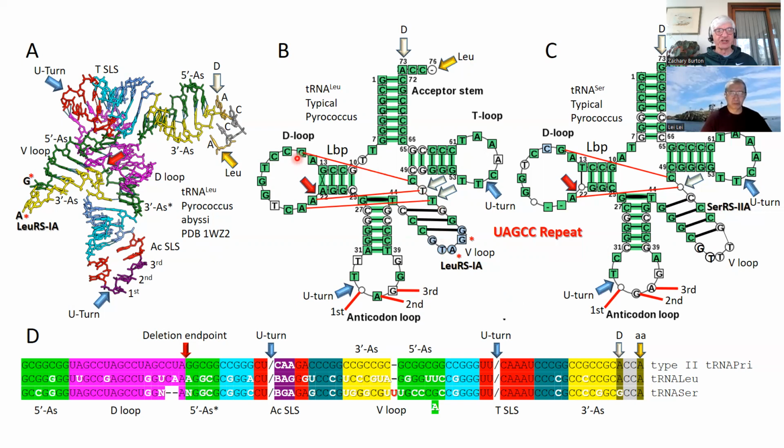So this G folds on that C. One of them flips over, so it's a reverse Watson-Crick base pair. And the same thing here, the Leavitt base pair named after Michael Leavitt. Here the score is 1, and a score of 1 is universal for archaea for tRNA serine, and a score of 2 is universal for tRNA leucine in archaea. And that scoring gives a different angle of this arm than this arm.